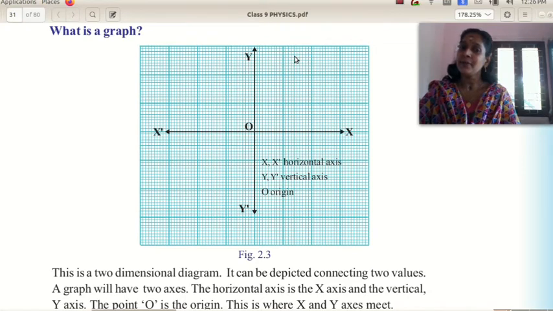If in x-axis we have taken time, then we should write here, in x-axis 1 centimeter is equal to 1, and in y-axis 1 centimeter is equal to 1.